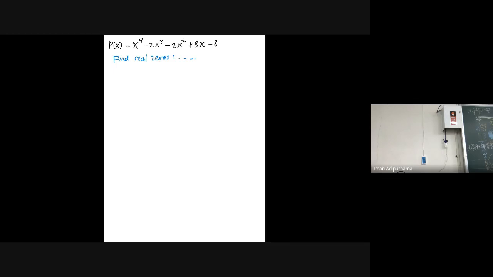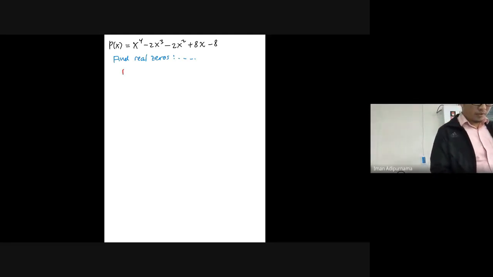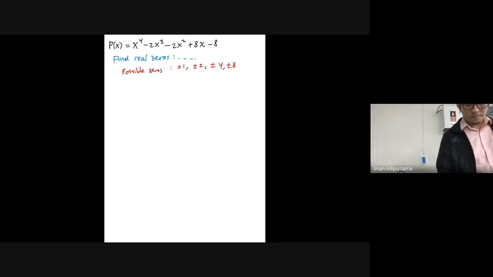Some of you already try putting 1 and -1. I think 1 is not right, not 0, right? The possible zeros is, okay. Then we can pass the number which is not 0.